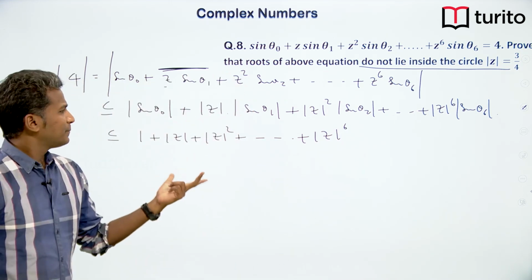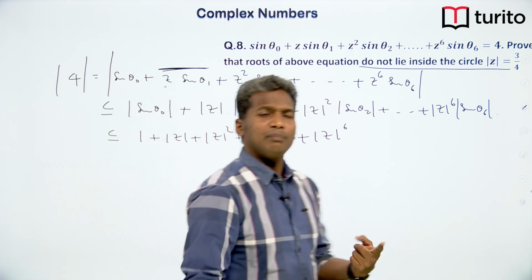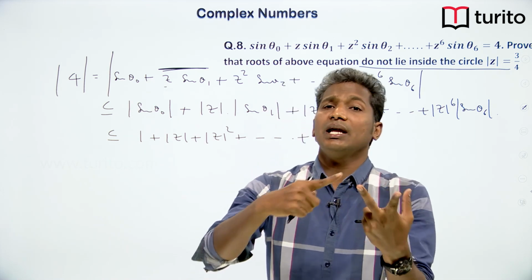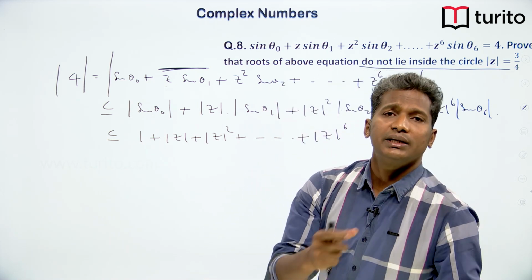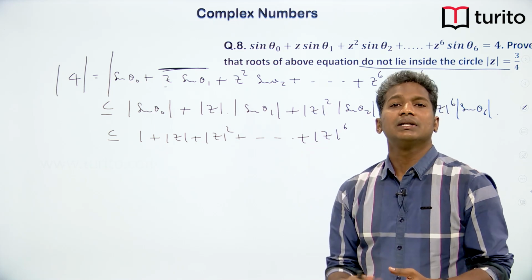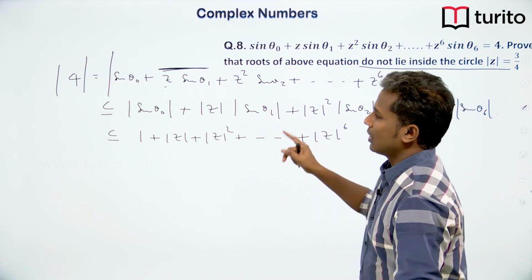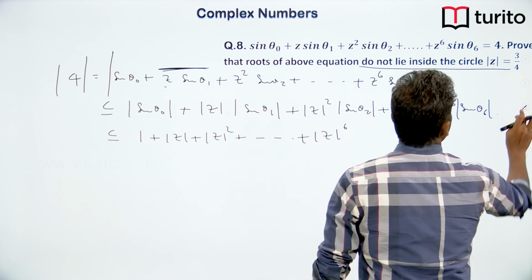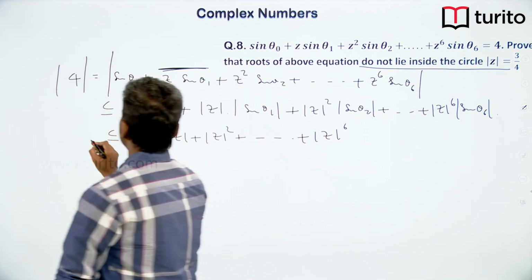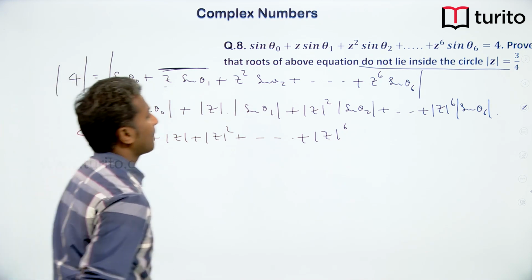Is this clear? So, what I have done here is I applied triangular inequality, then I applied the identity for sine, which is that the range of sin theta will not go beyond 1. Okay. So, now because there is 4 here in LHS, I will just write 4 here.